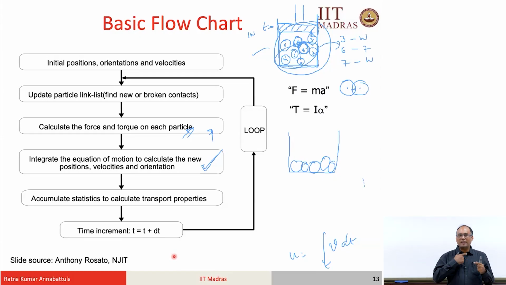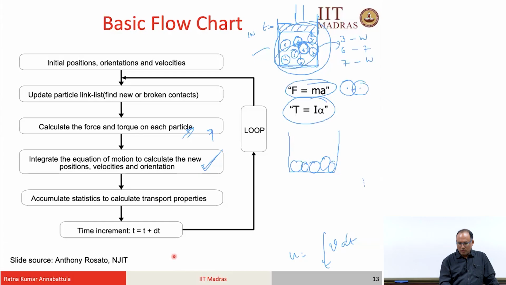You do that until the time that you want to simulate, and keep updating. So, at its core, what DEM is doing is solving Newton's second law of motion, as simple as that. A very simple equation we are solving, and of course here I have written 2 equations, F equal to ma and T equal to I alpha.